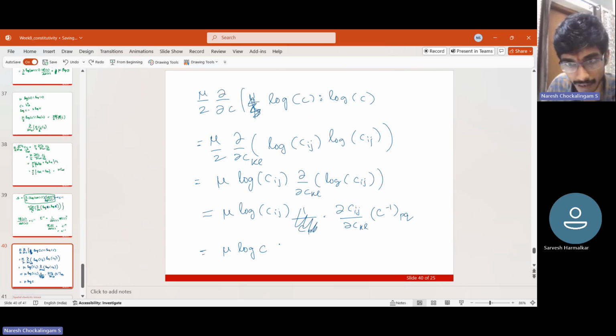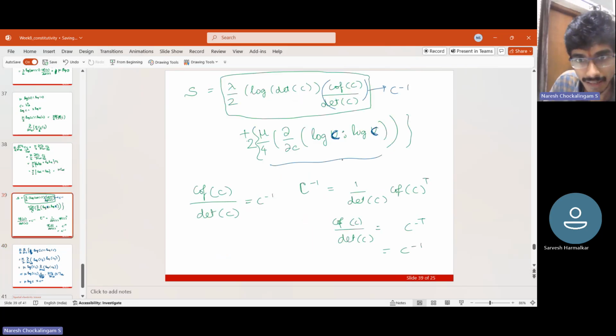This will be an identity, C inverse in the tensor notation. So the second term, this entire thing, is mu log C inverse.